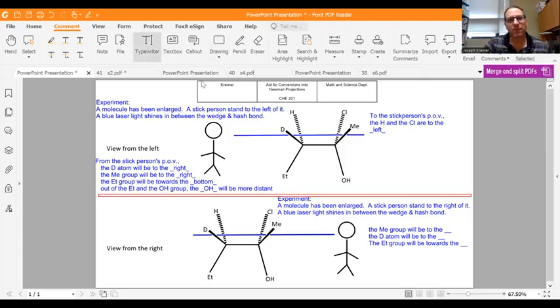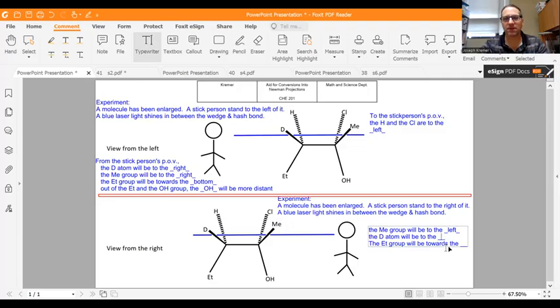Is the methyl group to the left or to the right? This time, the methyl group is to the left. I hope you got that correct.